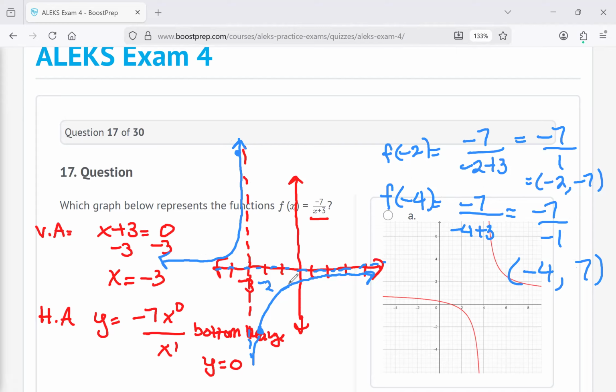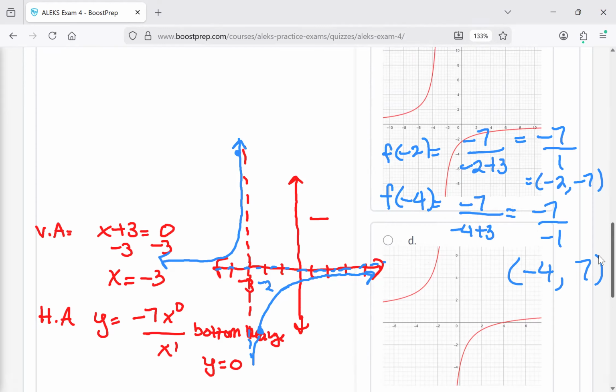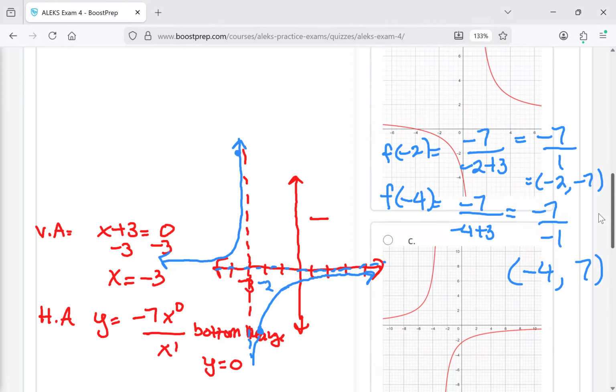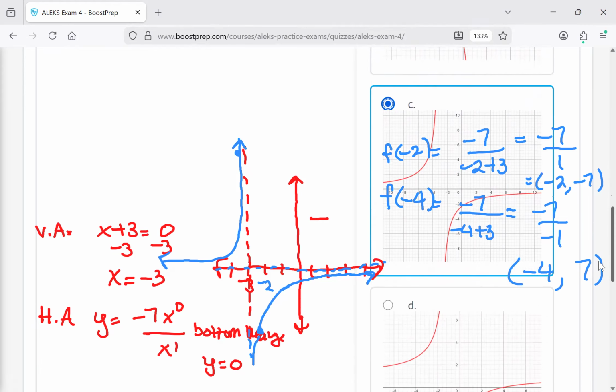So which of these graphs have a vertical asymptote at -3 and looks like this? Right. It was -3. It looks like this. There's your answer.